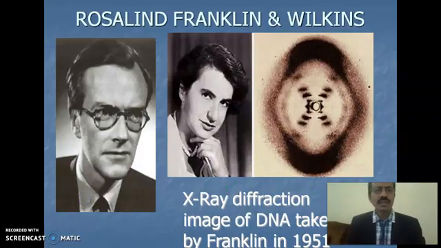And later, in a breakthrough study, Rosalind Franklin and Wilkins used X-rays to reveal the structure of DNA. With their X-ray diffraction studies, they focused X-rays on DNA and obtained the DNA X-ray crystallography structure.